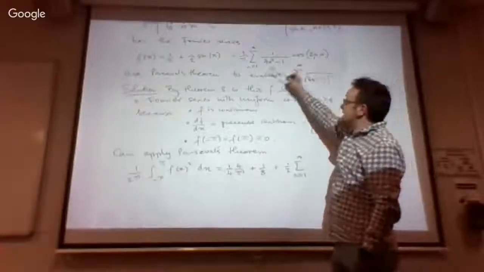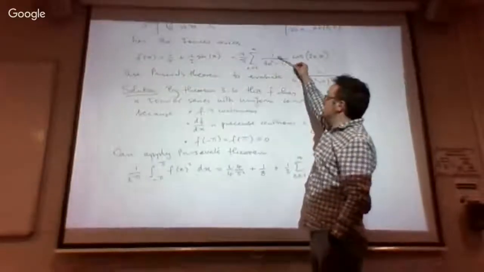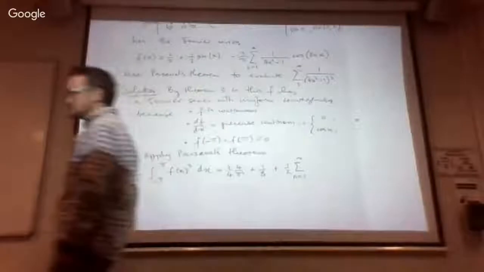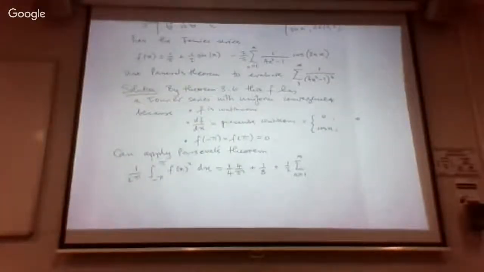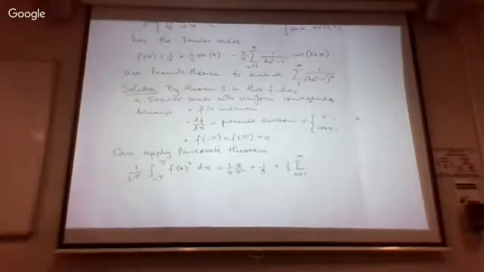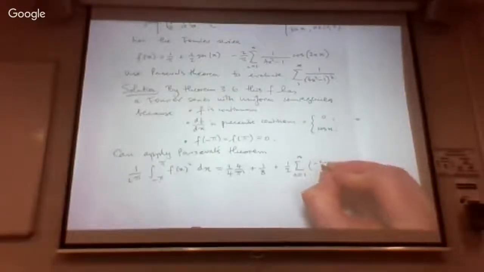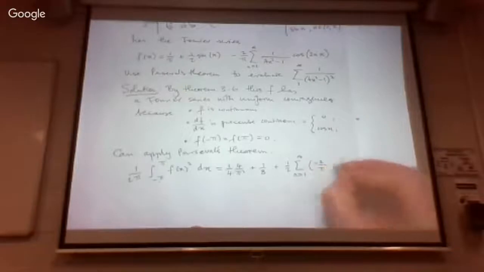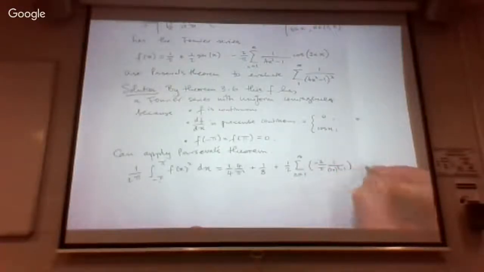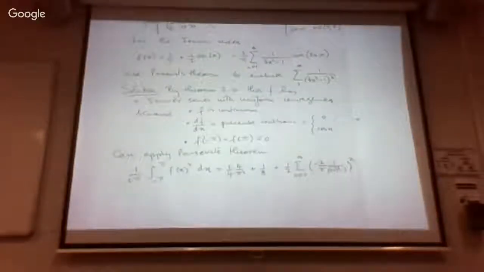So when that 2n is even, the whole AN coefficient is minus 2 over pi times this fraction. This fraction is, well, that 4n squared minus 1 is actually the square of 2n minus 1. So I could put this as minus 2 over pi times 1 over 4n squared minus 1. And it's all that quantity squared, because it's all the AN squared.